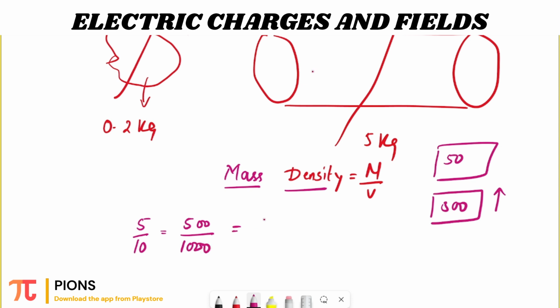If I made the mass 10,000, a very heavy log, the volume also automatically increased to 20,000. Still, the density remains the same. So density is a factor which remains constant for a given object. Understood? So keep in mind this concept.